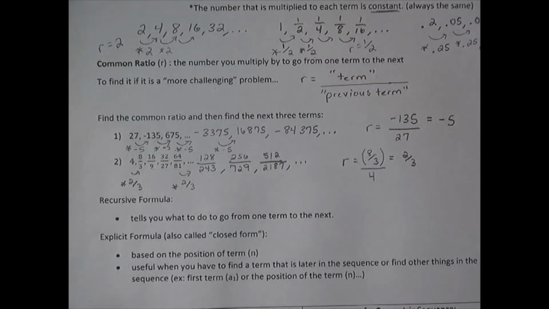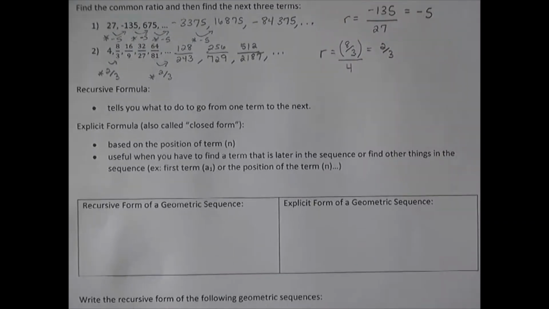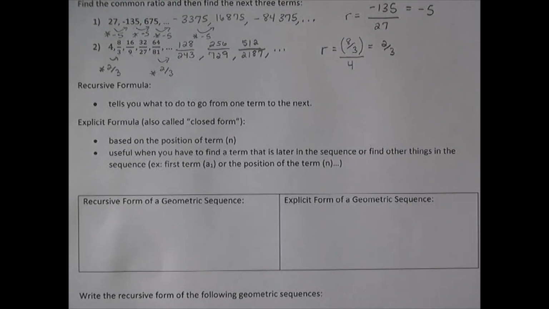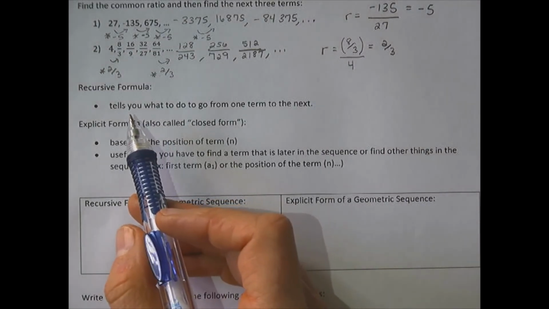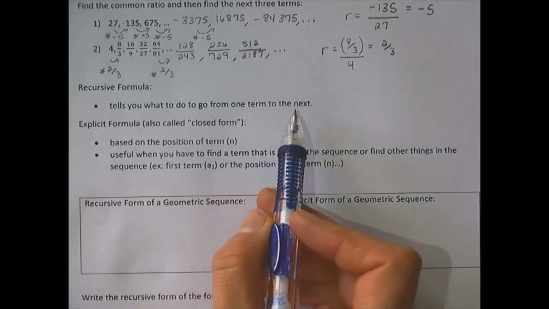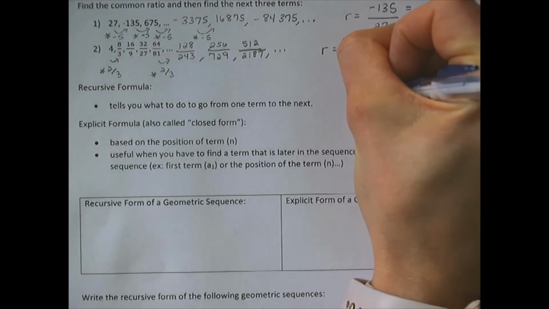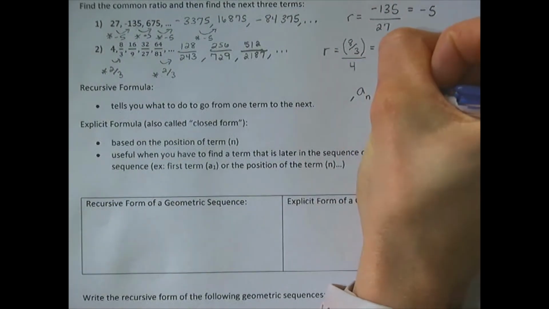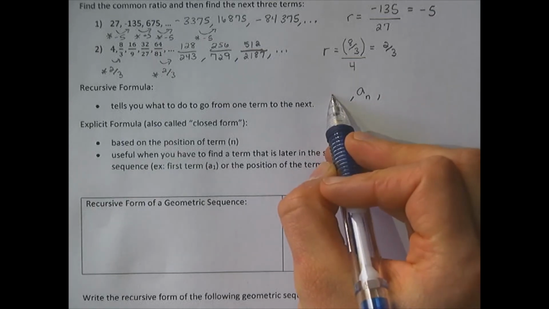All right. So now we're going to talk about the different forms of these sequences, so that you could practice writing them in the different forms. So if you remember with what we talked about with arithmetic sequences, recursive form tells you what to do to go from one term to the next. So it has the a sub n in it, but then it'll also have how it relates to either the term after it or the term before it.